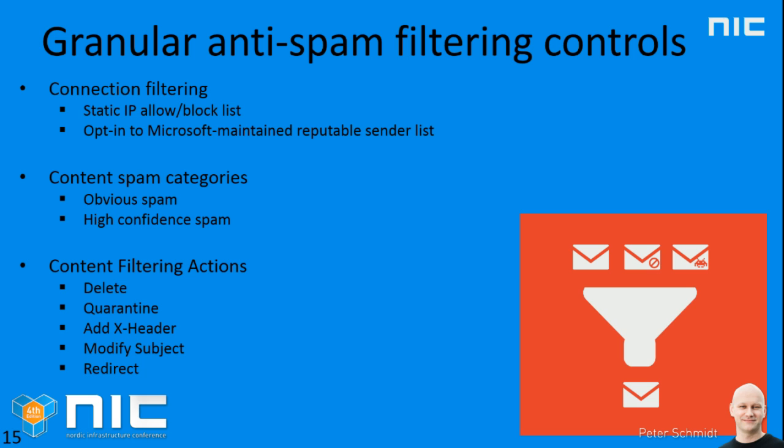Just briefly to cover these steps. Of course, you have the possibility of editing some of these settings yourself. You could create your own allow or block lists that might suit your company. You can do that in the portal. I'll show you where that's located later on.